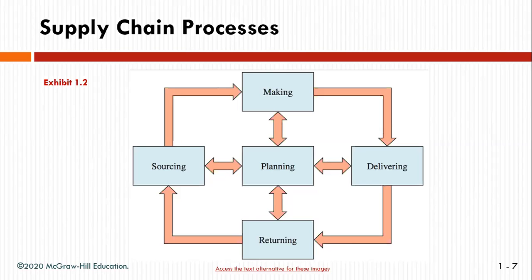There's a planning for the sourcing, a planning for making the product, a planning for delivering, and a planning for returning. So you have a plan of how you're going to get your sources from which suppliers, and then a plan of how to make these products, how you deliver them, and how you return them if there is something defective in them.